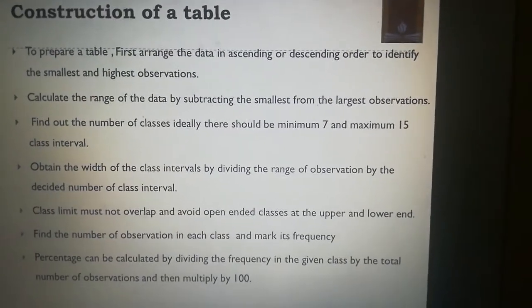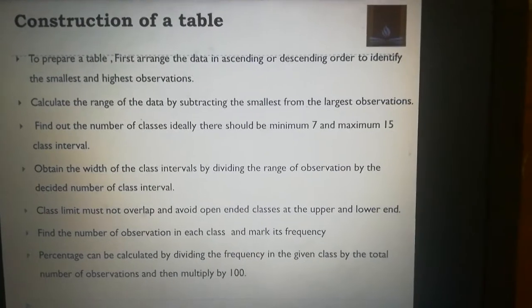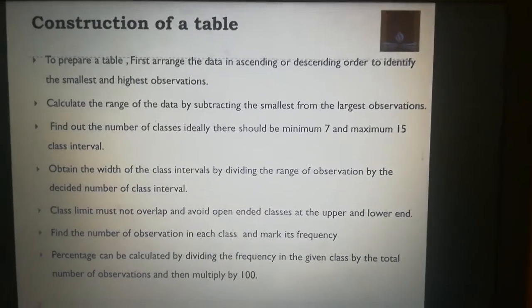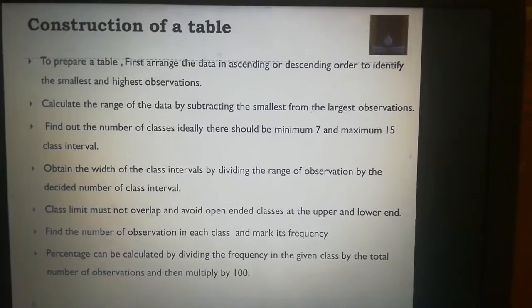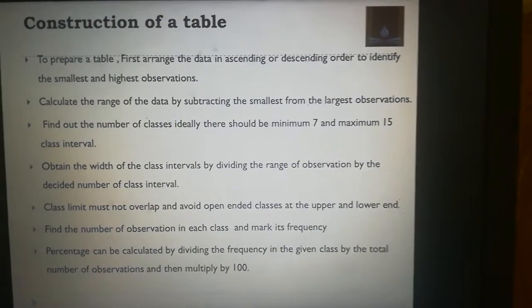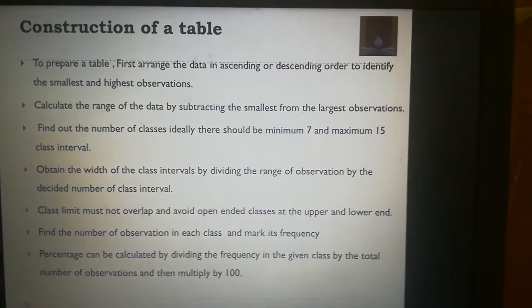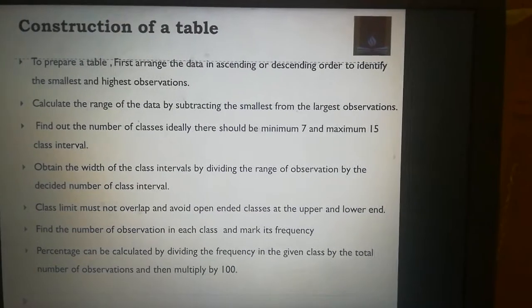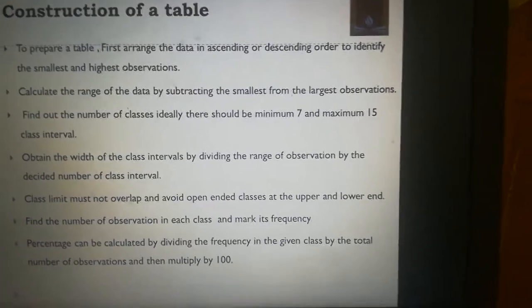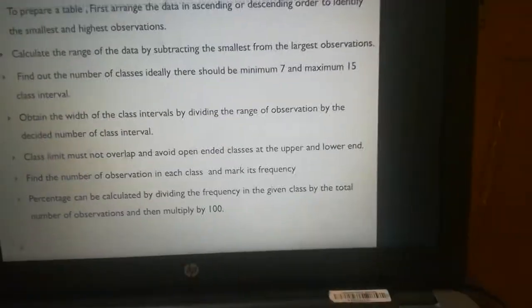Here there is no particular restriction that this many numbers should be there, but it is said a minimum of 7 should be there and not more than 15 class intervals.